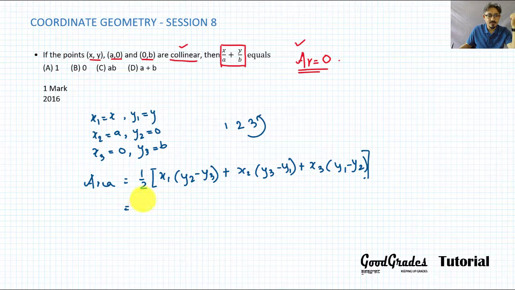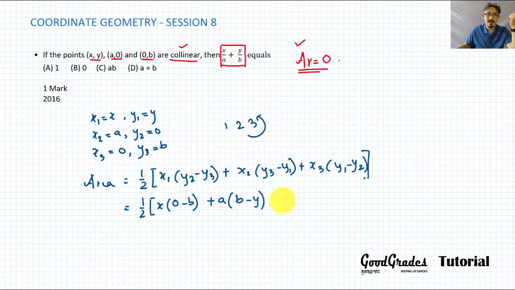Substituting, we have x1 is x, y2 minus y3 is 0 minus b, plus x2 is a, y3 is b, y1 is y, plus x3 is equal to 0, y1 minus y2 is y minus 0.